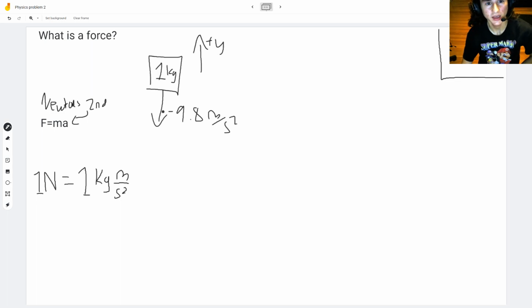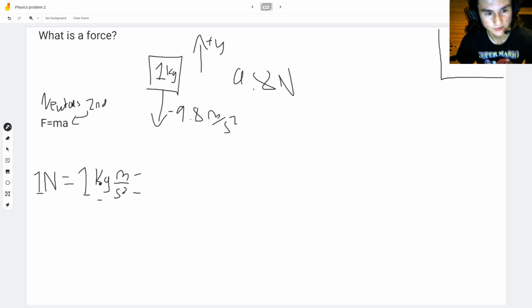Then we can just say this is a force of 9.8 newtons, because it's the mass times the acceleration. So the units of newtons are kilograms, meters per second squared. This might be a little bit confusing, but basically this part is just mass, and meters per second squared, we should know, is acceleration.